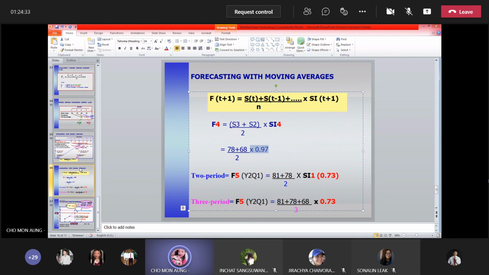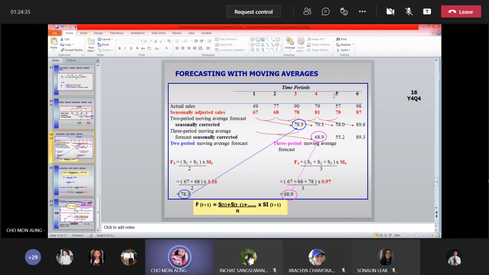So when we come to period number 5, to estimate period number 5, if we're still using 2-period moving averages, that is supposed to be 78 and 81, right? 78, 81, we divide by 2, but we multiply by seasonal index of... We have only 4 quarters, quarter 1, 2, 3, 4.